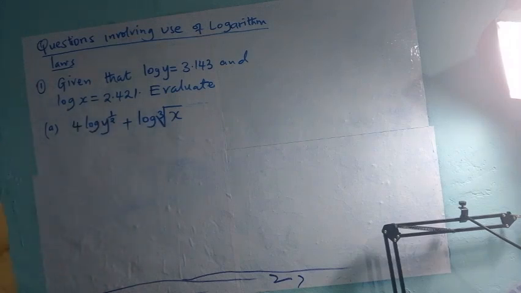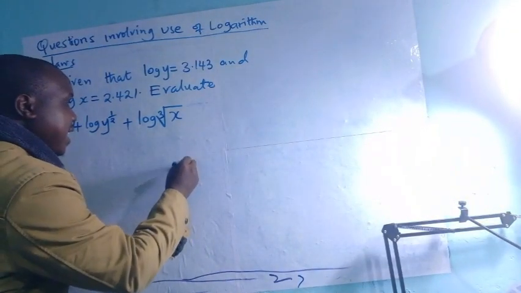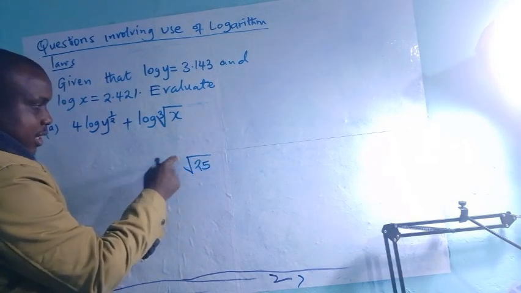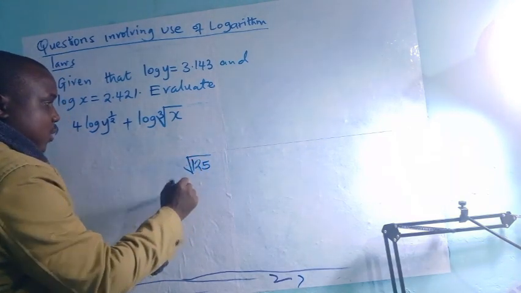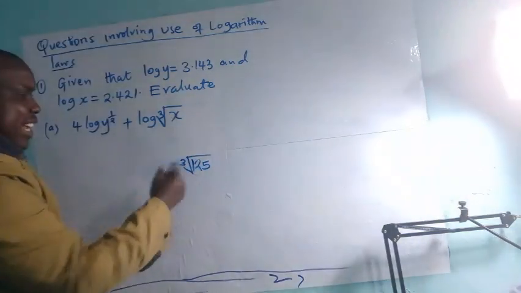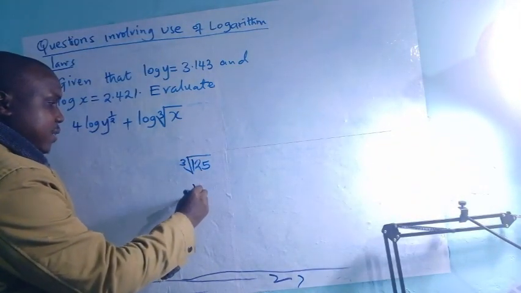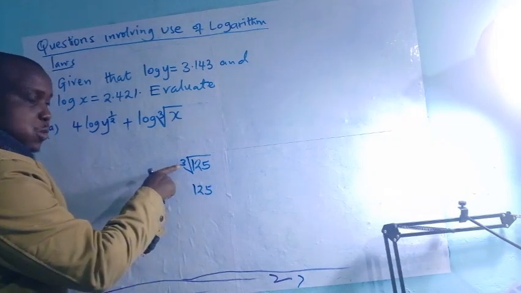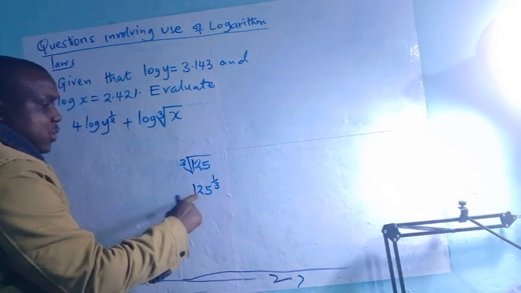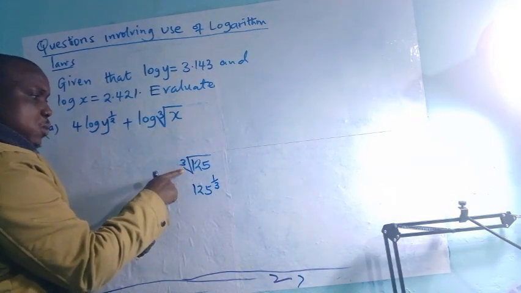But from the word go, you need to understand that if I have the cube root of 125, this one in other words can be written as 125. I remove this cube root by raising it to power a third. So 125 raised to power a third is exactly the same as the cube root of 125.